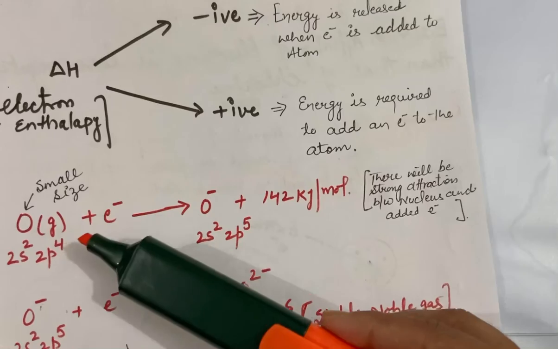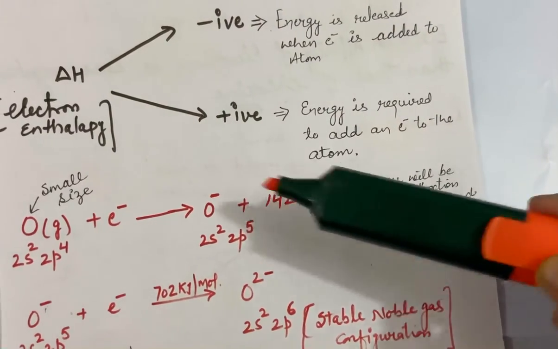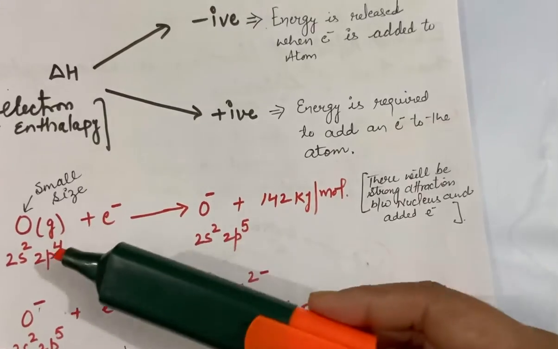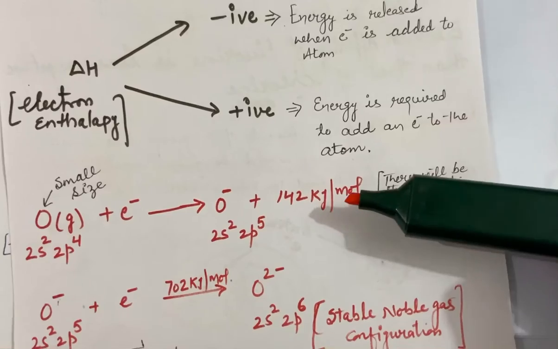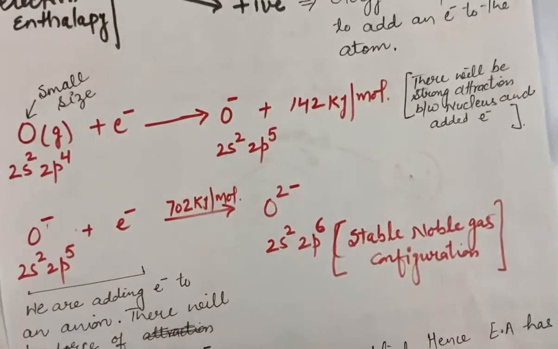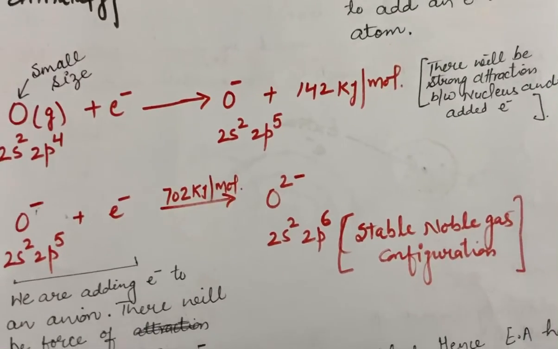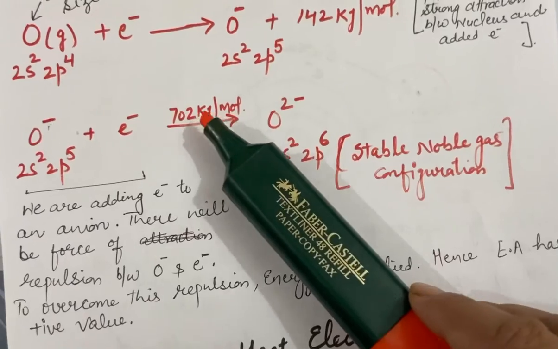That's why, due to this strong attraction, energy is released. So the O atom, in forming O negative ion, has negative electron affinity.